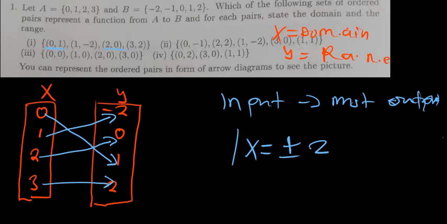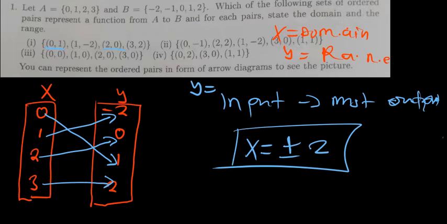Maybe the equation is y is equal to x squared minus 4, then you equate y equal to 0. Now you can have two values of x going to one value of y. That is okay, but not vice versa. So for every input there must be an output.